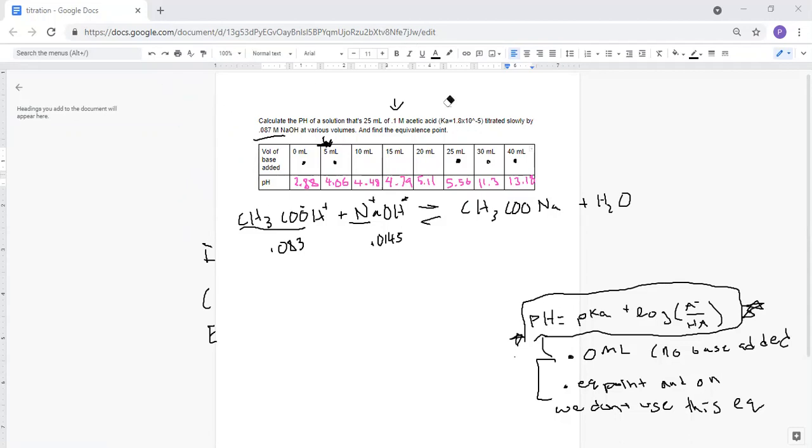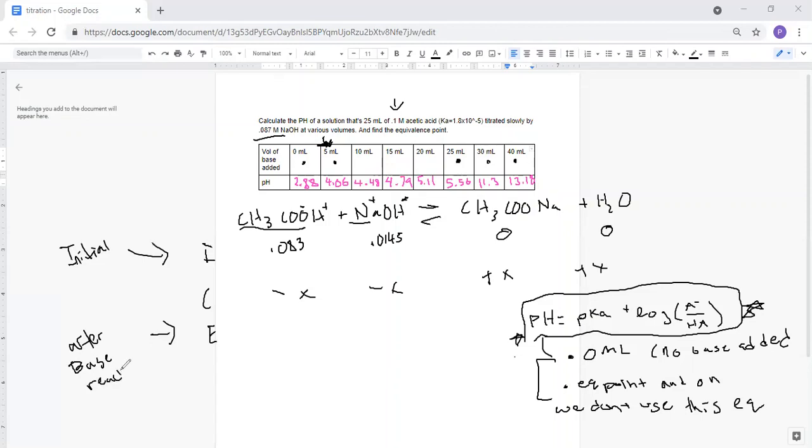So we have 0 of this in the beginning. We're going to find out what it is, but we're going to lose our reactants and create our products. So we're trying to see what the pH is after we add the base. This is initial, so we're just assuming the reaction hasn't started, right? But here is after the base has reacted and our pH has changed.